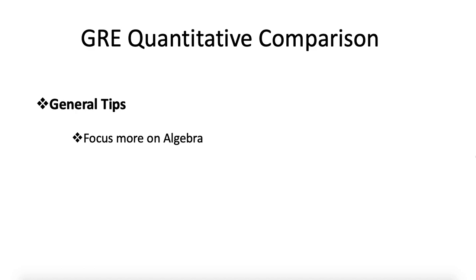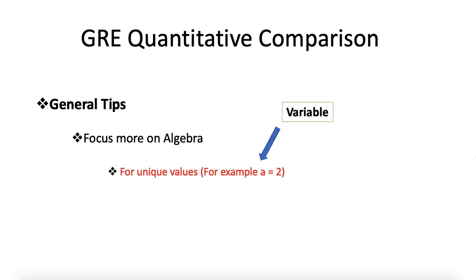The very important thing: focus more on algebra, because algebra covers a wide portion of quantitative comparison questions. Let's see two or three cases. If we have a variable in the question and we are provided with a value, for example a is equal to 2, then you just need to substitute the value of the variable and solve.